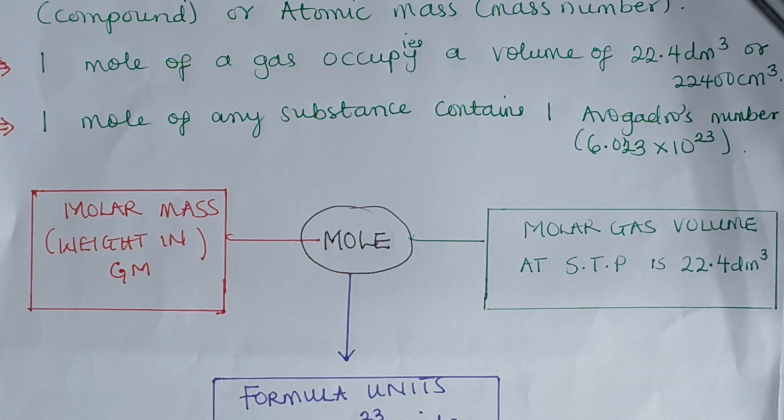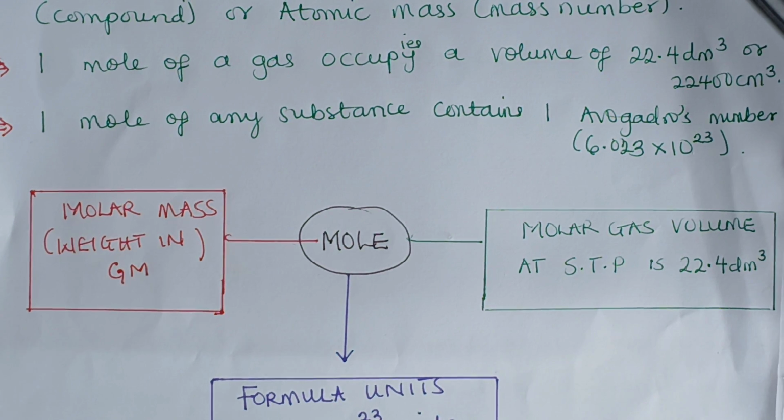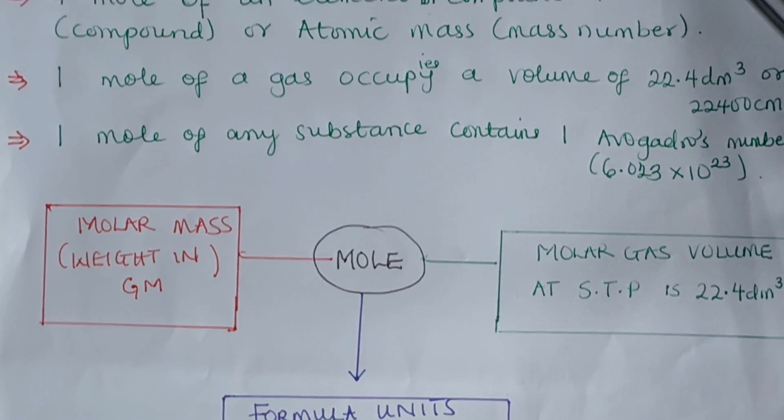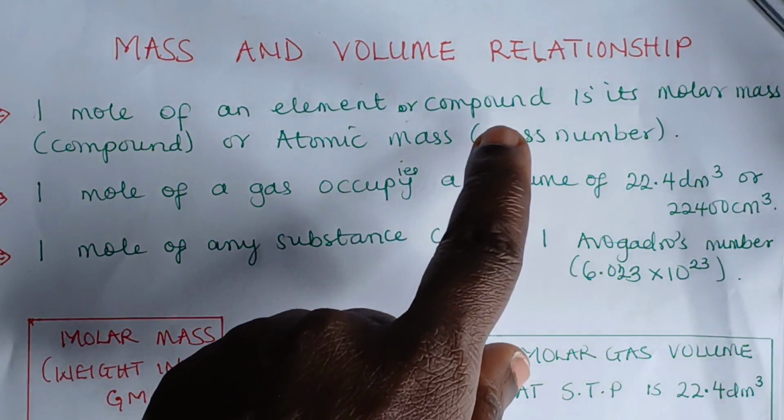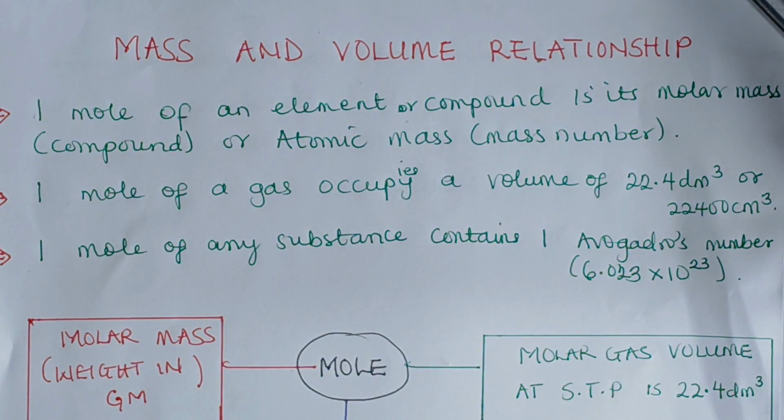It is equal to the molar mass of elements. Mole is also equal to the molar volume of gases, or the volume that gases occupy, which is 22.4 dm cube or 22,400.